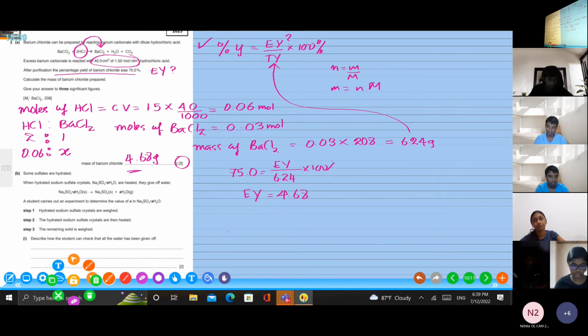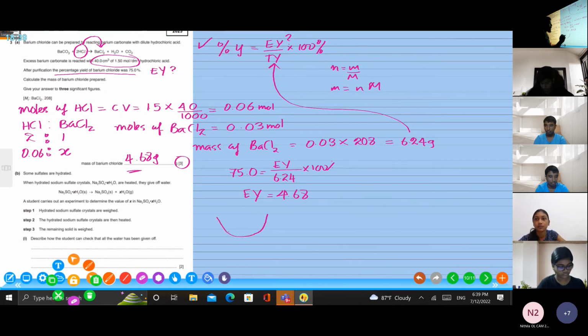Let me make the question this: when hydrated sodium thiosulfate crystals are heated, then here the crystal is a solid. These are crystals. Inside the crystals only you have the water of crystallization.